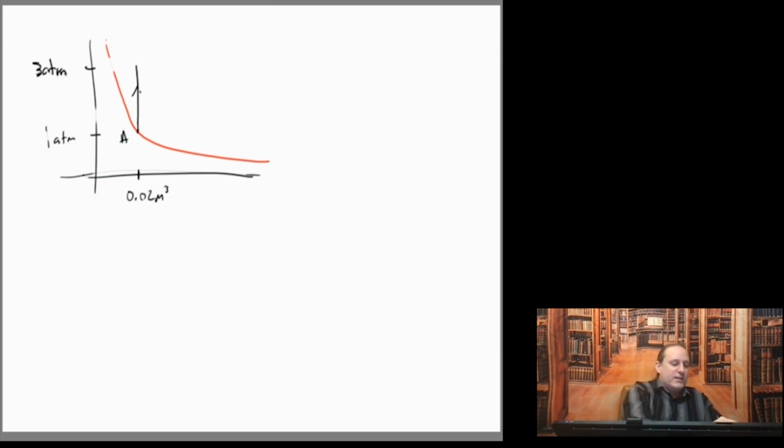And then we're going to have an isothermal expansion back down to 1 atmosphere.